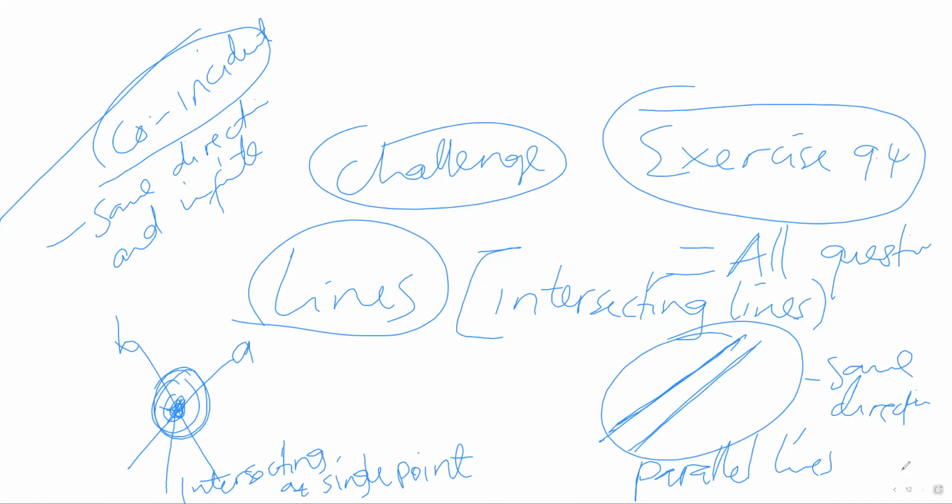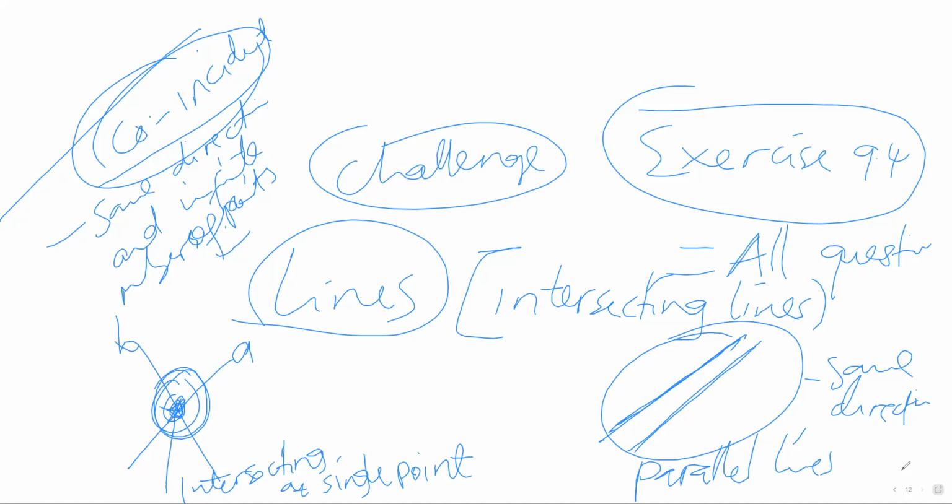So coincident lines are lines that have the same direction and an infinite number of points in common.